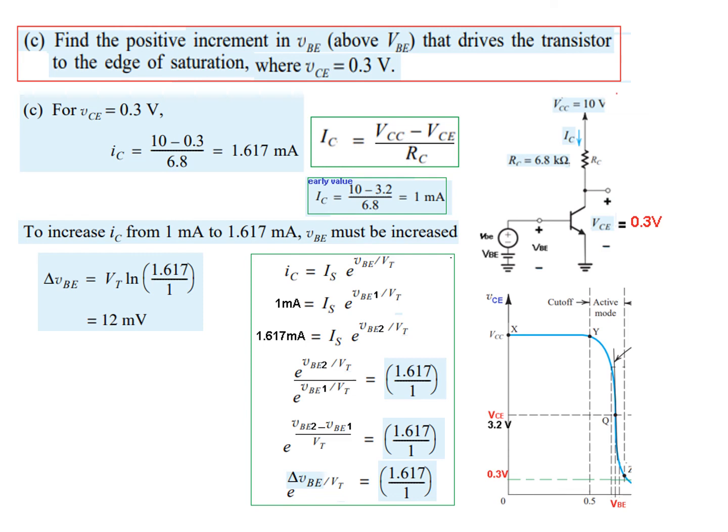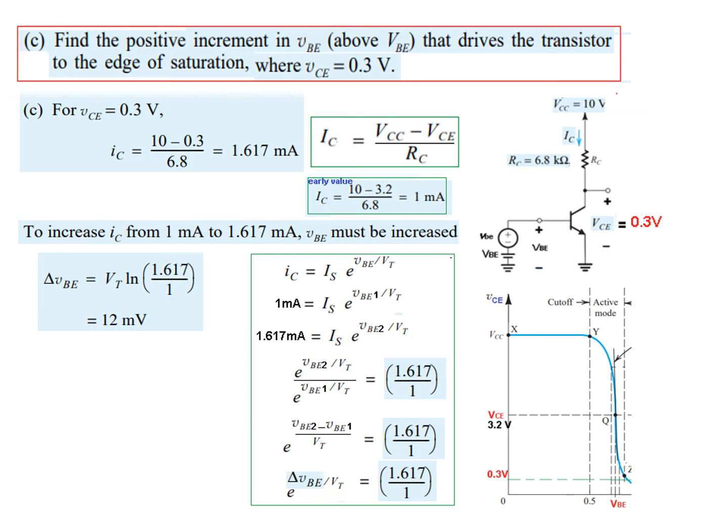When IC is 1 milliampere like here, then we will write the equation with only change here that VB we'll be calling VB1, and when IC is 1.6 milliampere, this VB we'll call VB2.